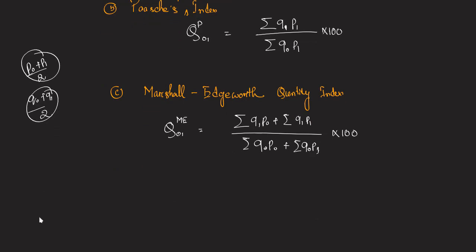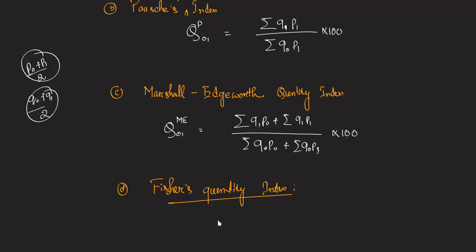The last one is Fisher's quantity index. Fisher's quantity index is the geometric mean of Paasche and Laspeyres.